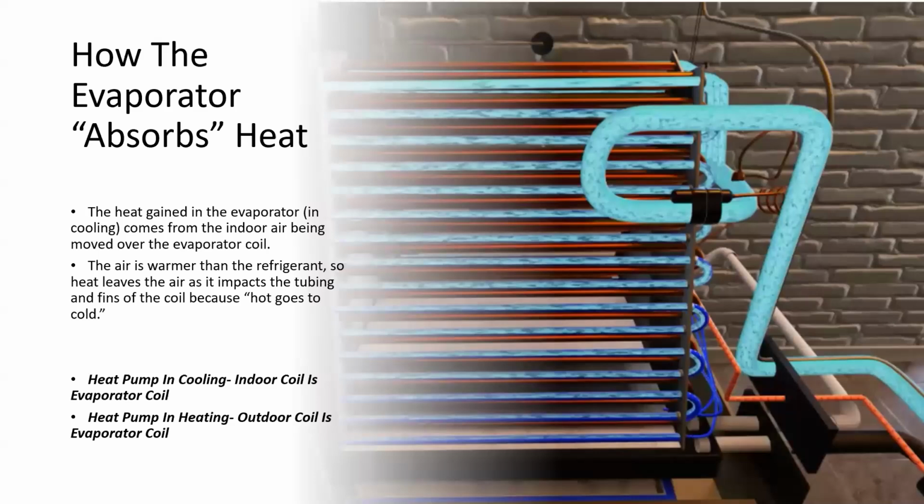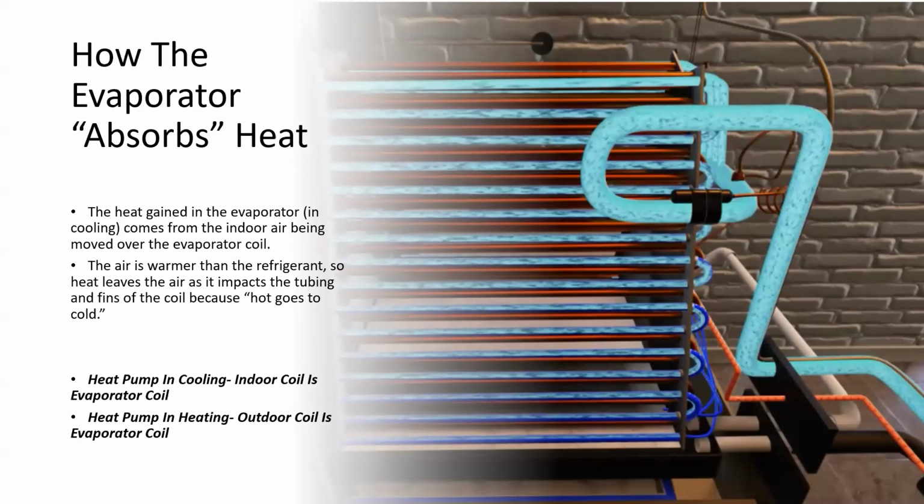So when we start talking about how the evaporator absorbs the heat, right? In heat pump and cooling mode, the indoor coil is going to be the evaporator, and in heat pump heating mode, the outdoor coil is going to be the evaporator. So the heat gained in the evaporator, in these scenarios with the indoor air being moved over the evaporator, the air is warmer than the refrigerant in cooling mode.